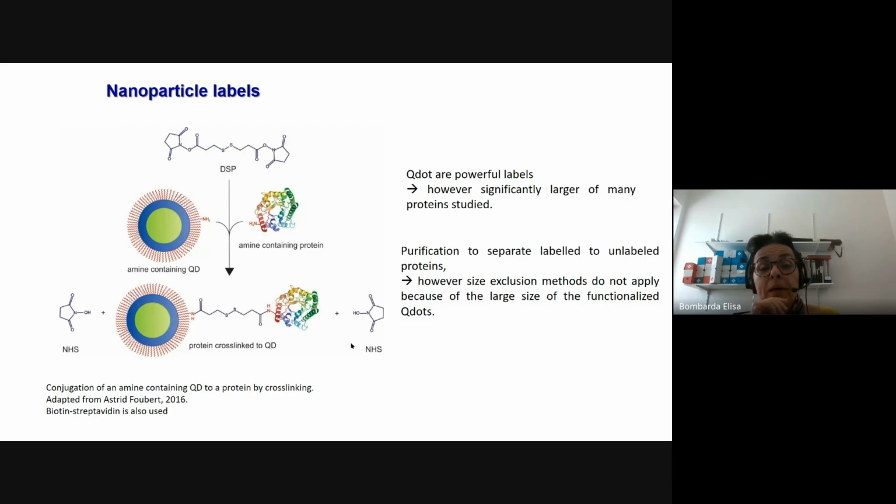Moreover, you may run into trouble when you want to purify your sample to separate labeled and unlabeled proteins, because size exclusion methods do not apply because of the large size of the functionalized quantum dots. So you have to find an adapted way of purification. Additional effort is required, but it's definitely an option.